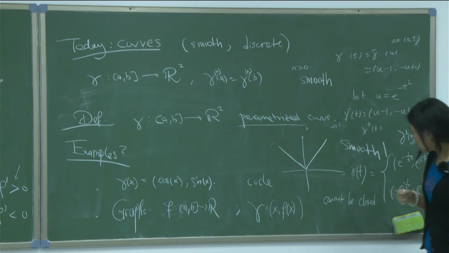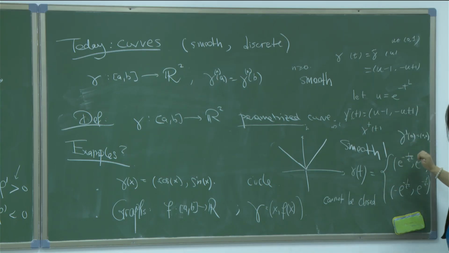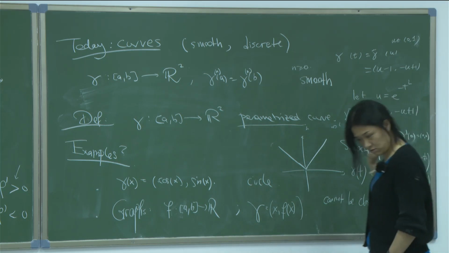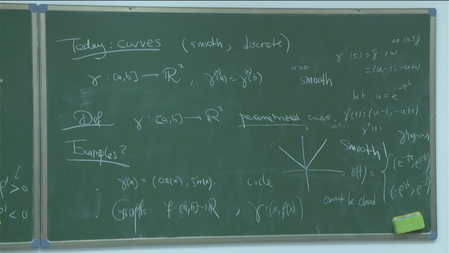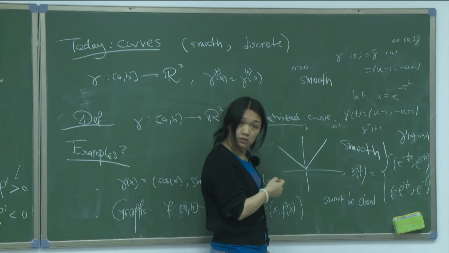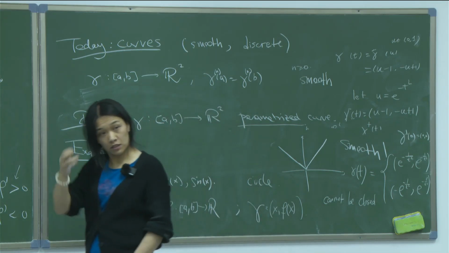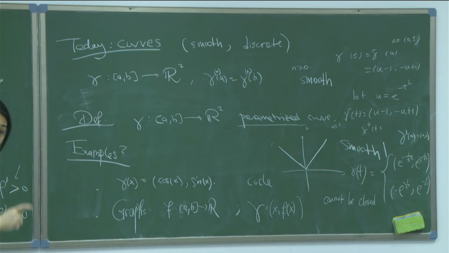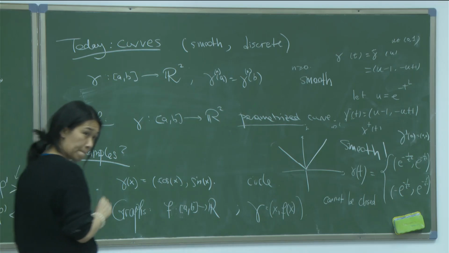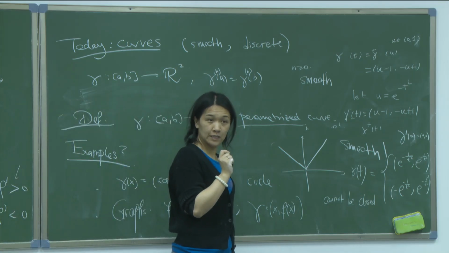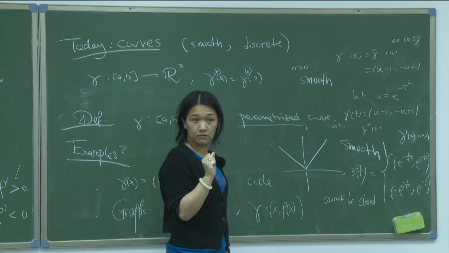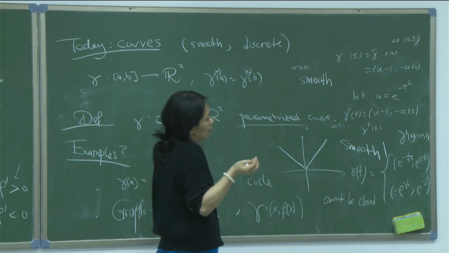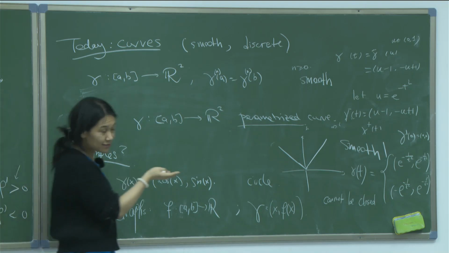So there is no contradiction at all, because this function e to the power of negative 1 over t squared is smooth in R. But when you consider it on C, 0 is a kind of singularity. It is not an analytic function.